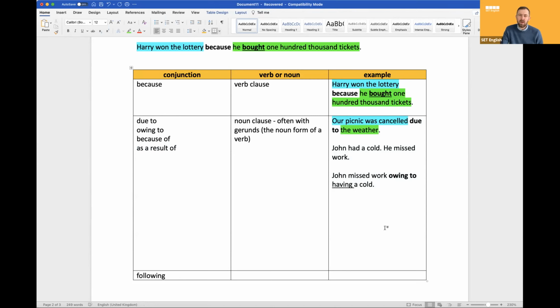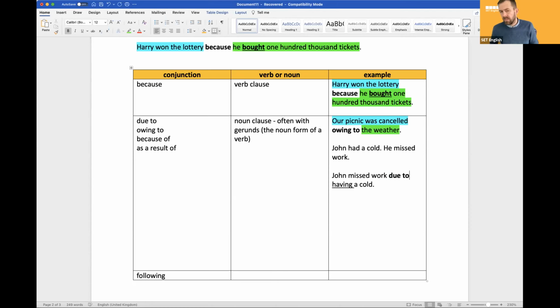Owing to having. Now, owing to the weather doesn't sound too bad, does it? Owing to the weather, because you're not using ing. But yeah, it sounds a bit strange for me. So I think from a style perspective, use owing to with nouns, just normal nouns, and use due to with that gerund noun.